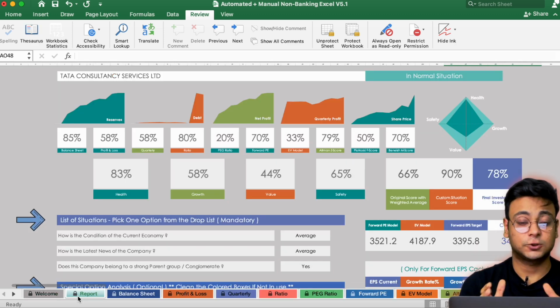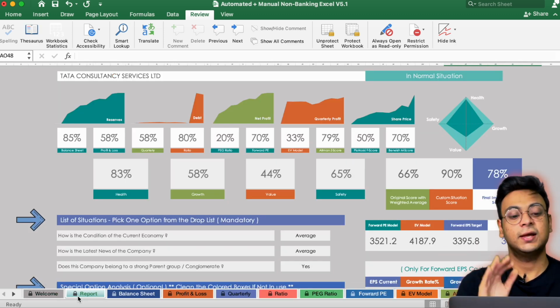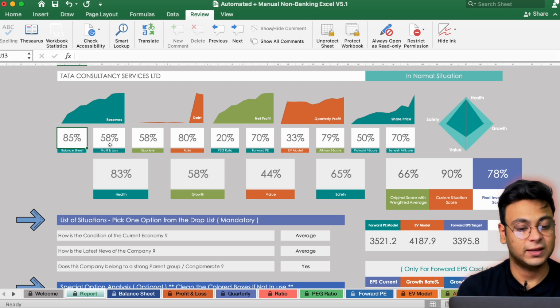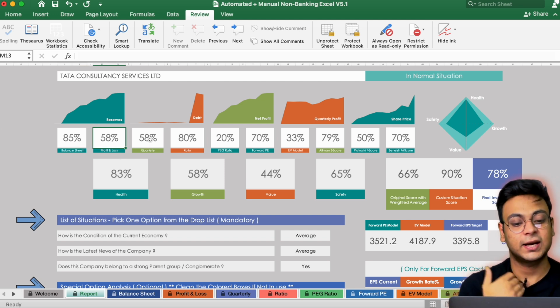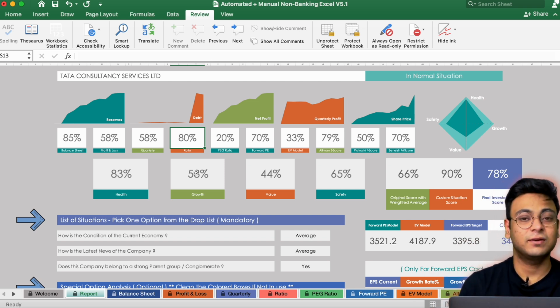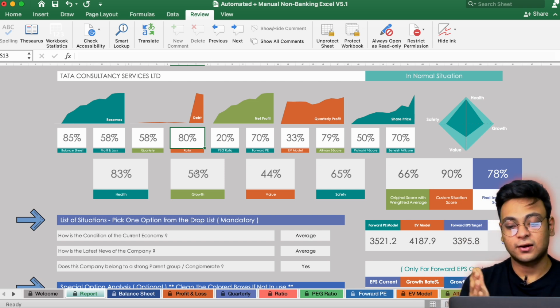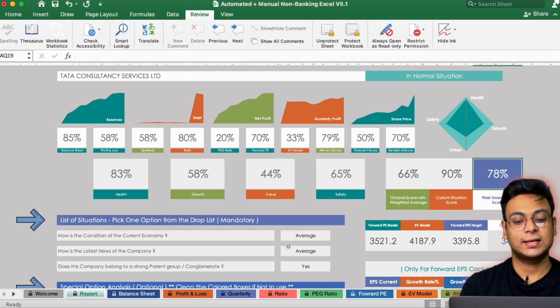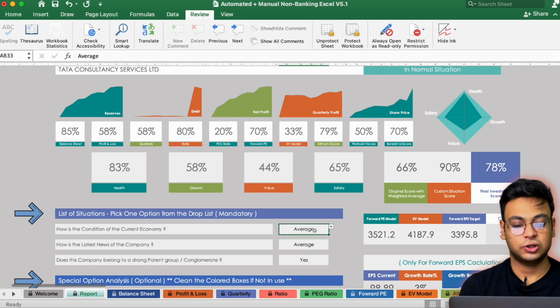If we refer to the dashboard of the company again in the Excel sheet, here we will get all the scores of the company. The balance sheet score is 85%, profit and loss is 58%, quarterly 58%, ratio 80%. So like that, there are scores given, and based on that, we get a final score for investment after doing certain criteria, like how is the economic condition, good, or is it bad, or is it average.